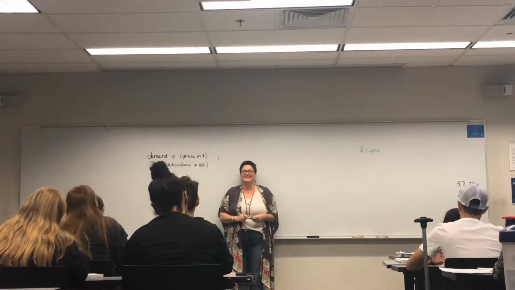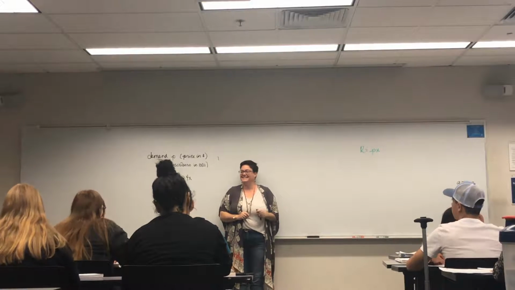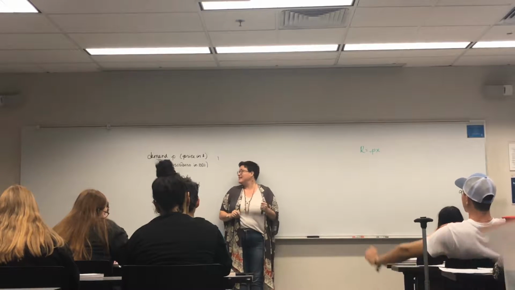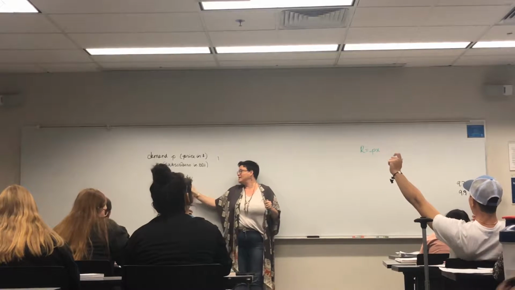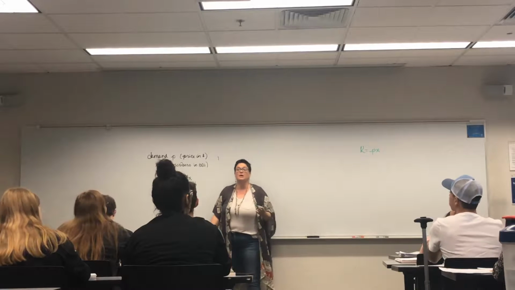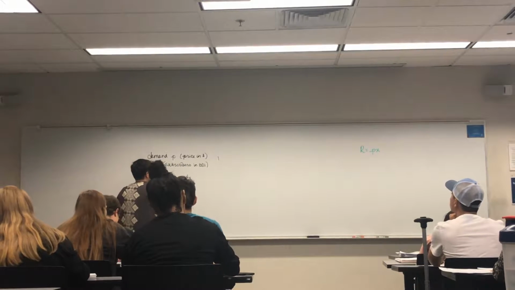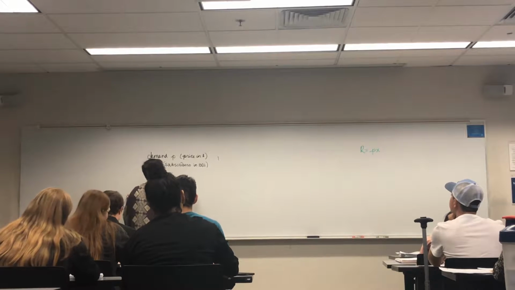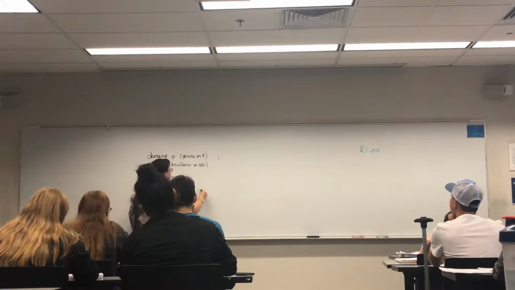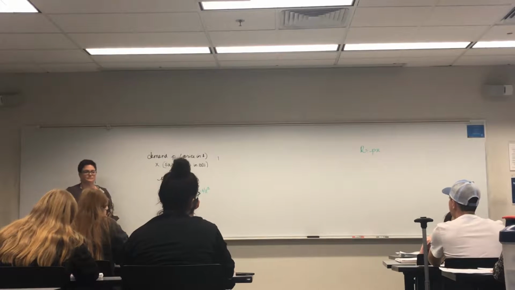Don't overthink it, guys. If you have P, how do you make this into a revenue function? You just multiply by x. Yeah, you multiply by X, exactly. So my revenue is gonna be price times quantity, which is 80x minus 0.4x squared. That's it. That's your revenue.